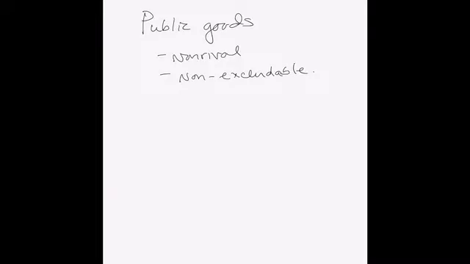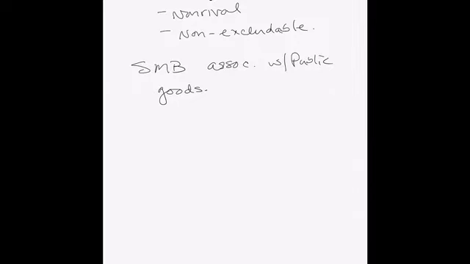Today we're going to talk a little bit about specifically the social marginal benefits associated with public goods. And we're going to do it around an example. All right, so our example is going to be view sheds.